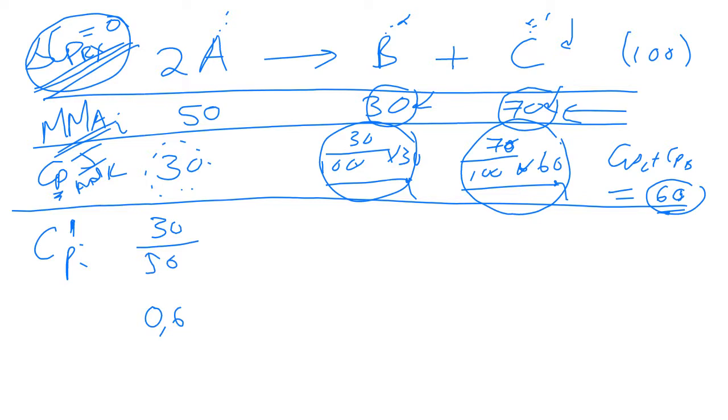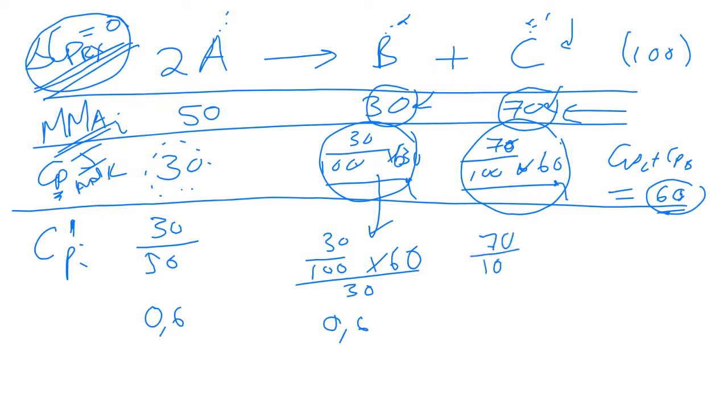If I apply it here, so you can do your calculations, I take this CP value, the 30 over 100 times 60, sorry, that must be a 60, and I divide it by the molar mass, which is the 30, I'm going to get 0.6. And this is 70 over 100 times 60, it is its CP value there, and I divide it by its molar mass, which is 70, I'm going to end up with 0.6.